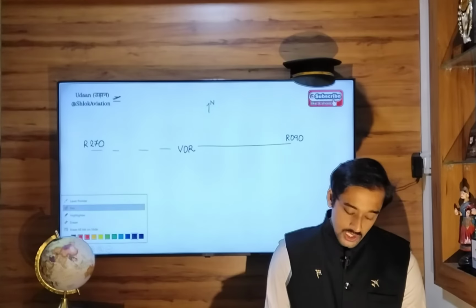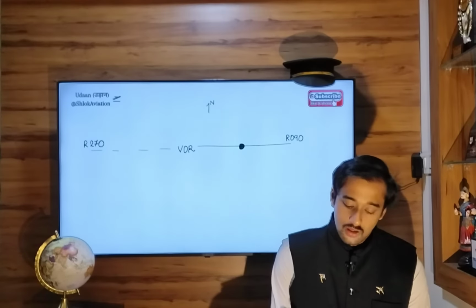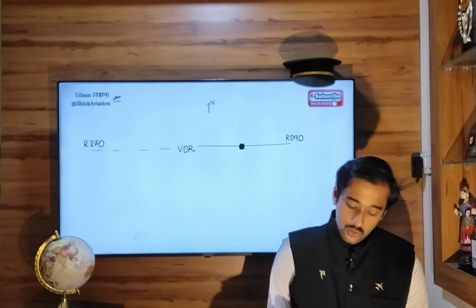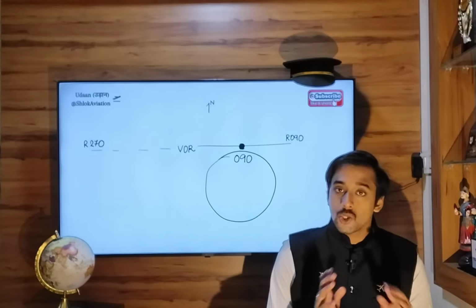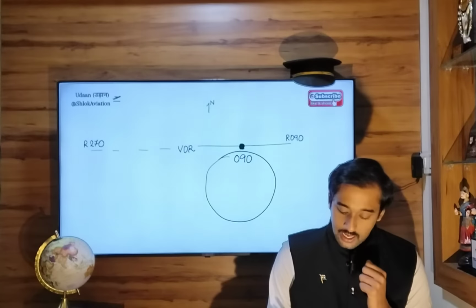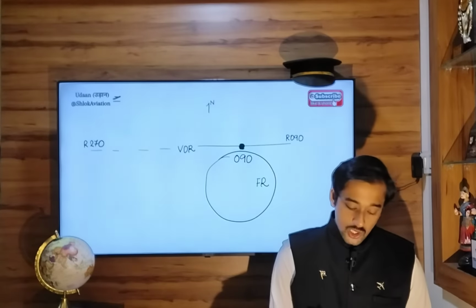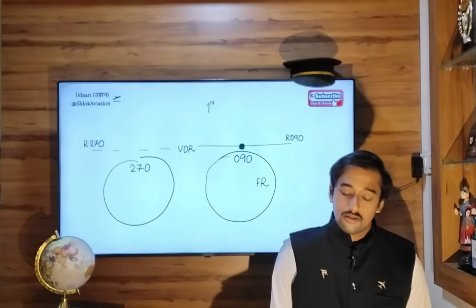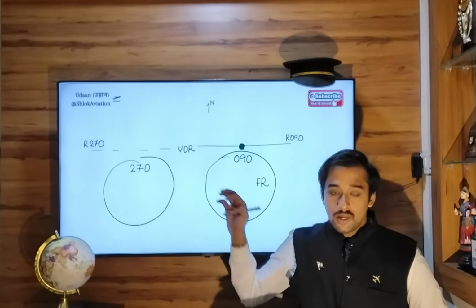So now there are 2 possibilities. You know that you are on radial 090. Now there are 2 settings that you can do in the OBS. The first one is you can put radial 090. In that case, radial takes you away from a VOR, so you will get a from indication. And you can also do 270 setting, being on radial 090 itself, 270 OBS setting.